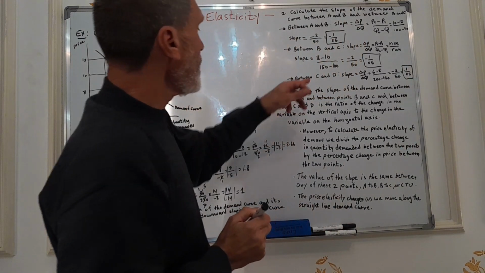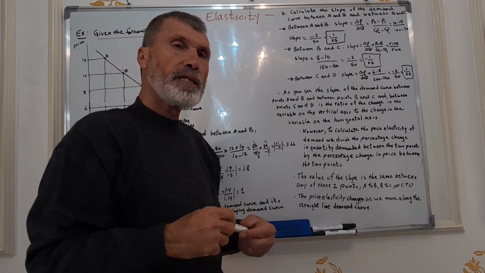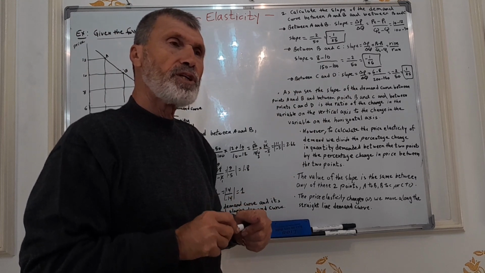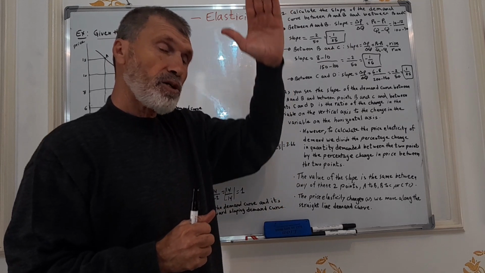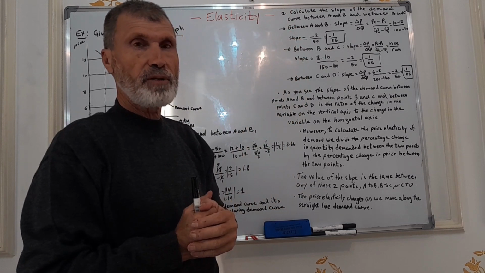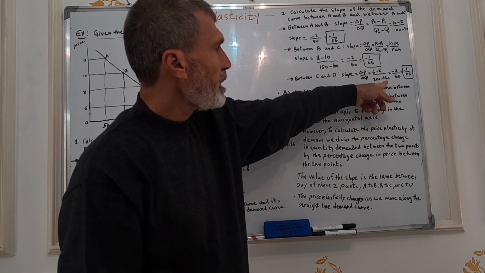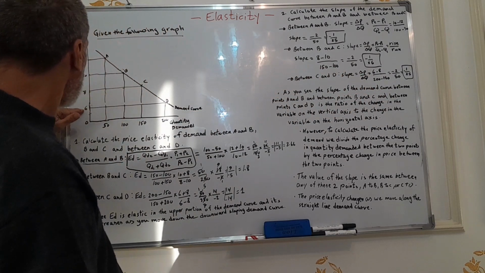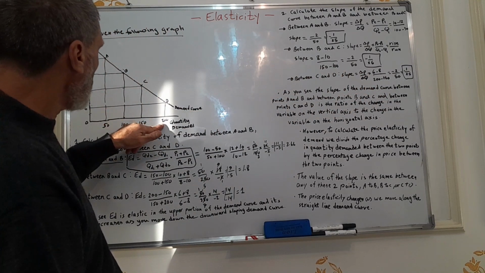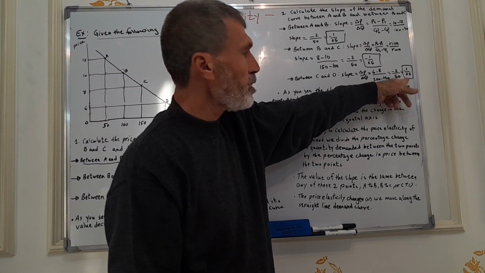So, calculating the slope between C and D, the slope is the ratio of the change in the variable along the vertical axis over the change in the variable along the horizontal axis, and we come up with 6 minus 8 over 200 minus 150 between C and D, and we come up with minus 1 over 25.